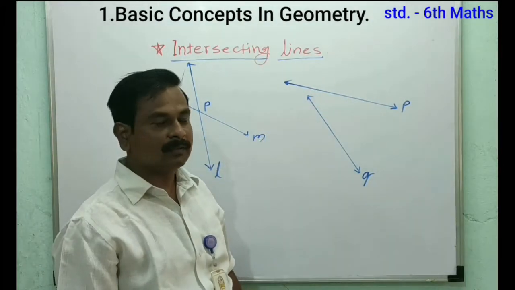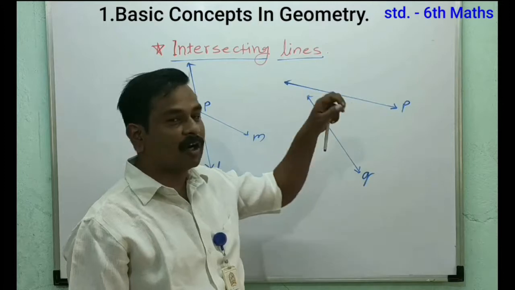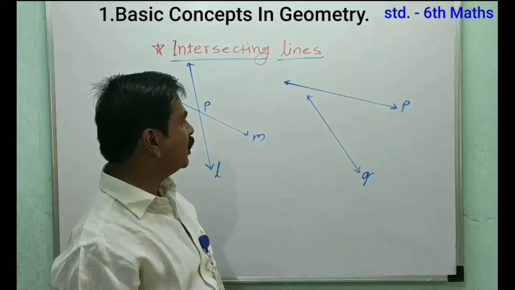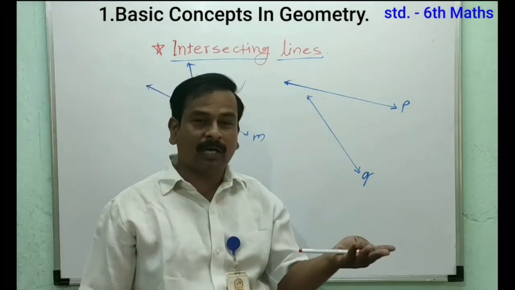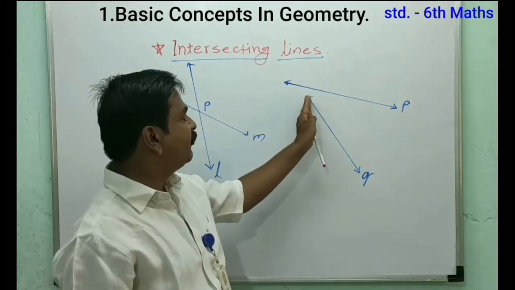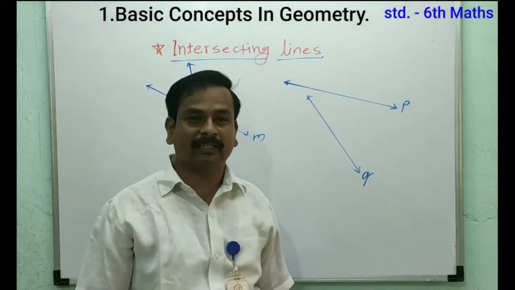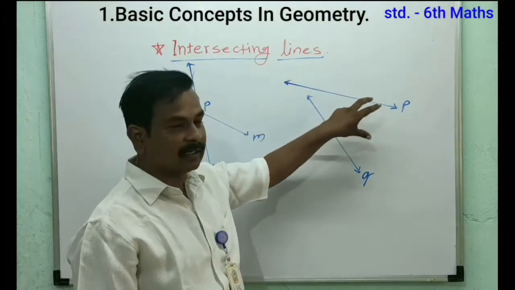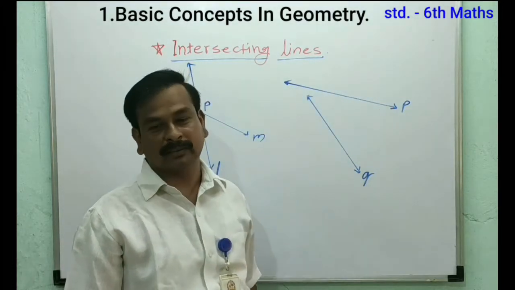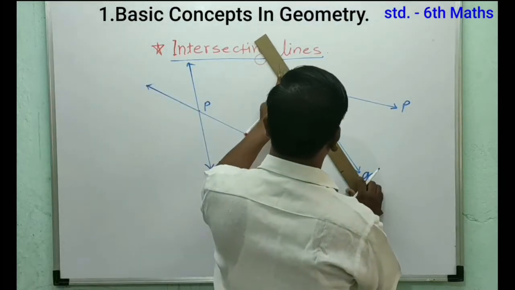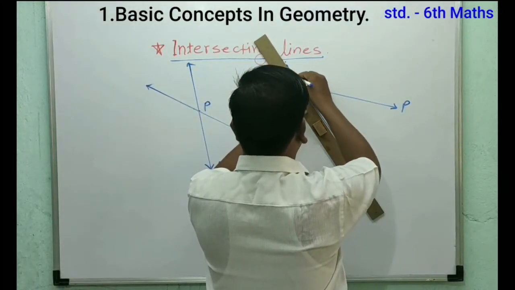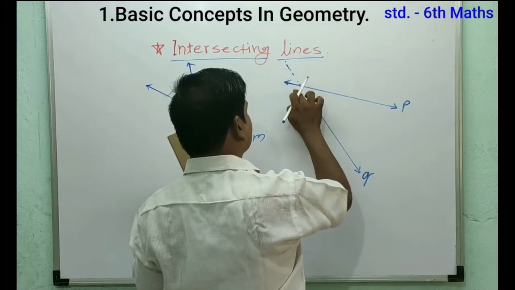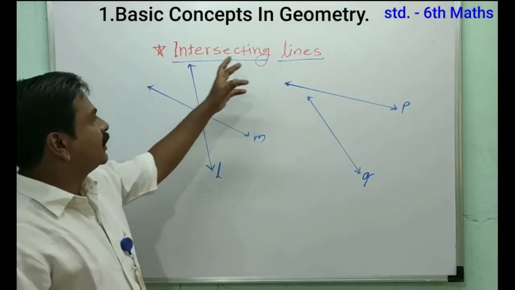So these two lines are not actually intersecting, but they are called intersecting lines, because this arrow shows that if we extend the line, it will intersect. So these lines are also intersecting lines.